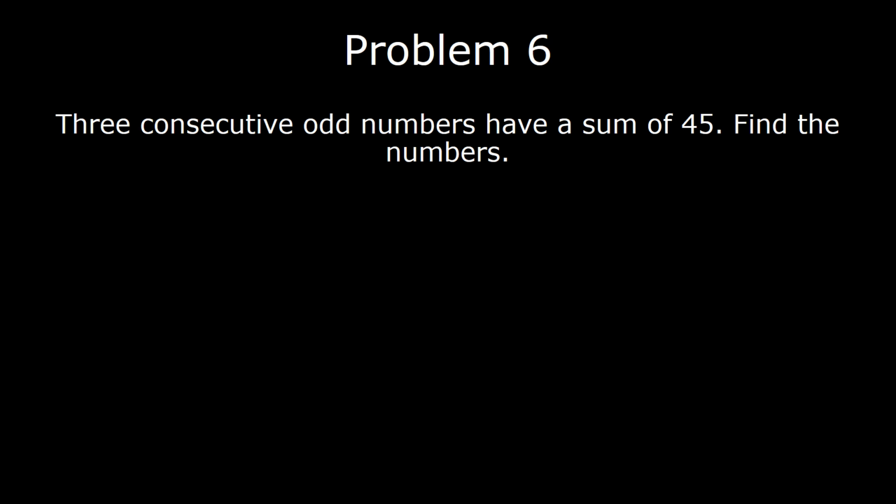Now, if I say that the smallest of these three consecutive odd numbers is k, then can I say that the second of these three would be k + 2 and the third would be k + 2 + 2, or k + 4? Because if you think about odd numbers 1, 3, 5, 7, 9, the property is that the next odd number is 2 more than the previous one.